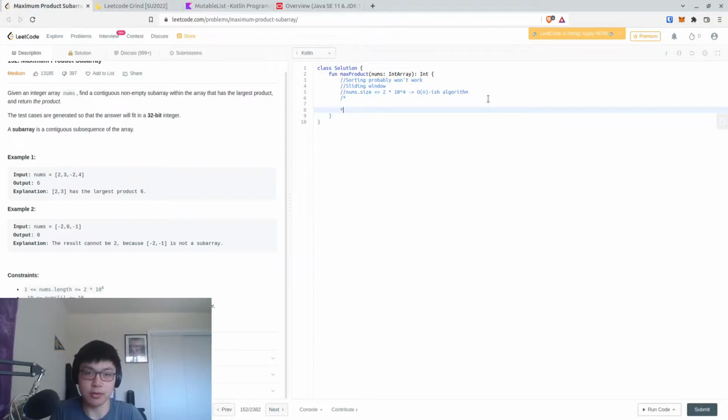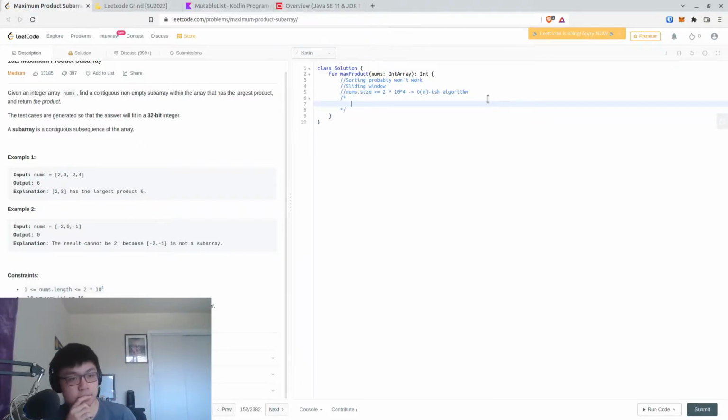Let's see, if we use a sliding window pattern, start with a window of size 1 at the base value.